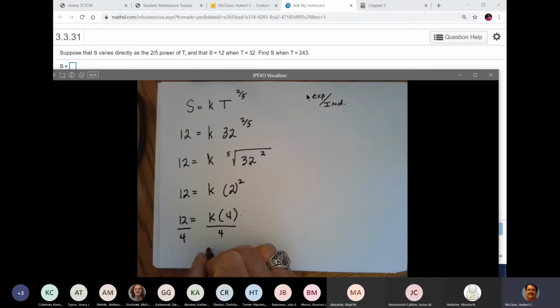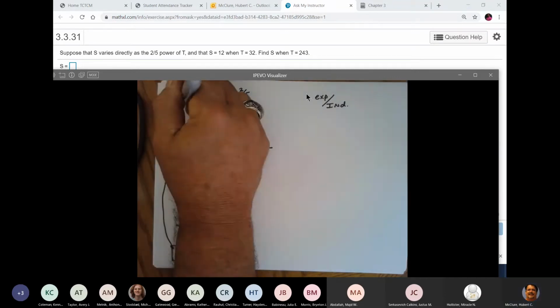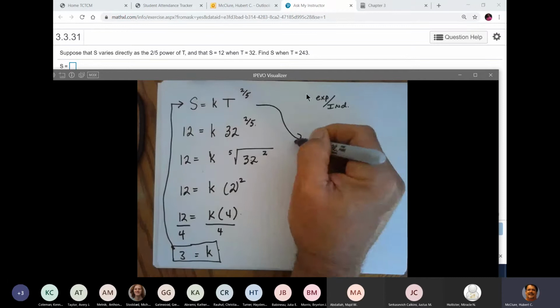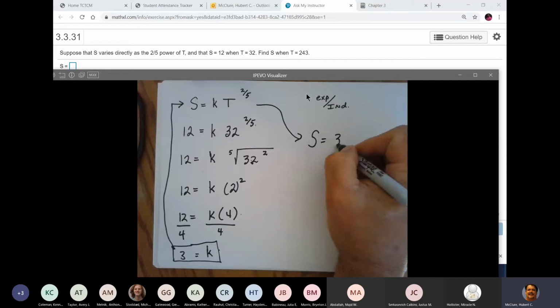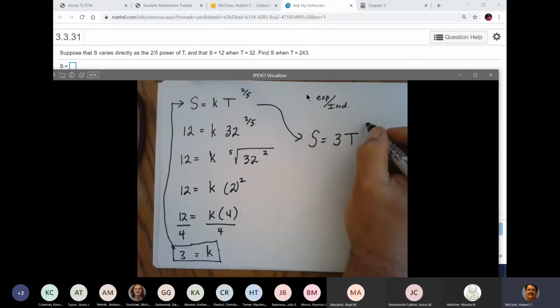Lowercase k is equal to 3. Now, when you're dealing with variation, you got to take that k and plug it back into the original equation. And that's going to give you capital S is equal to 3 uppercase T to the 2/5 power.